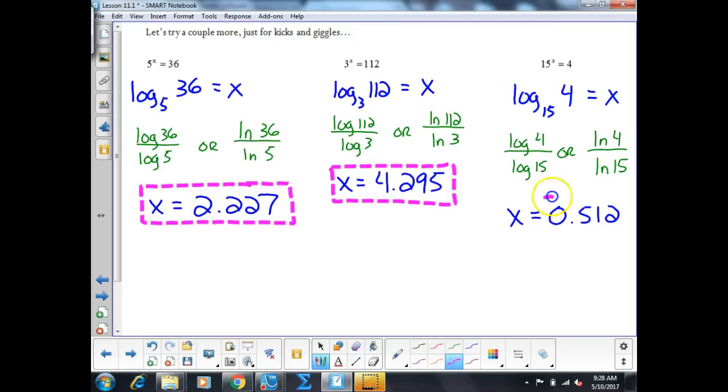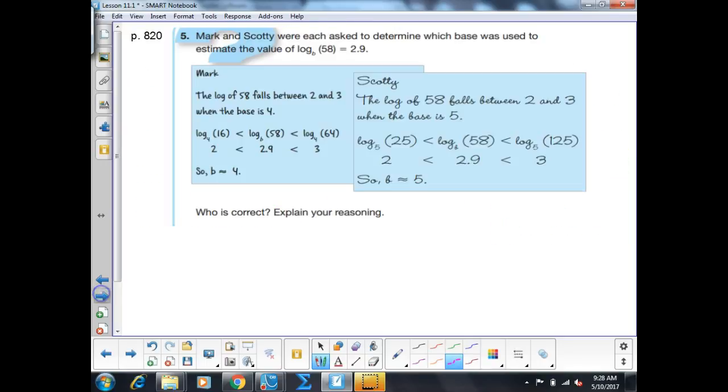Jumping back into your textbooks now, on page 820, Mark and Scotty were each asked to determine which base was used to estimate the value of log base b of 58 equals 2.9. Mark said the log of 58 falls between 2 and 3 when the base is 4, so the base has to be 4.